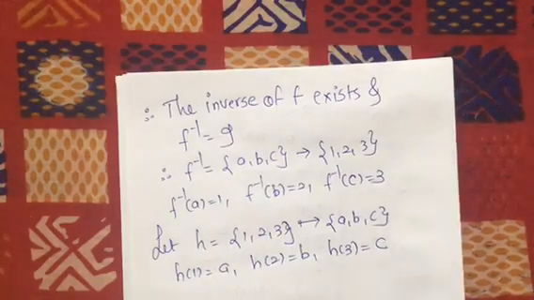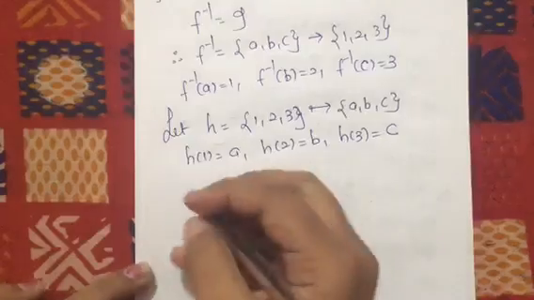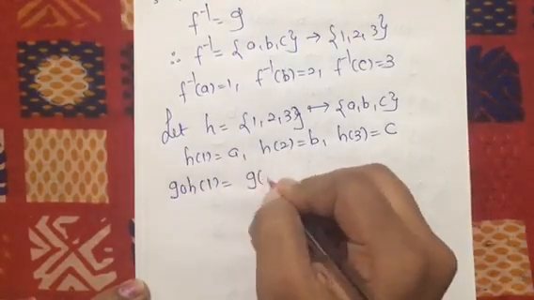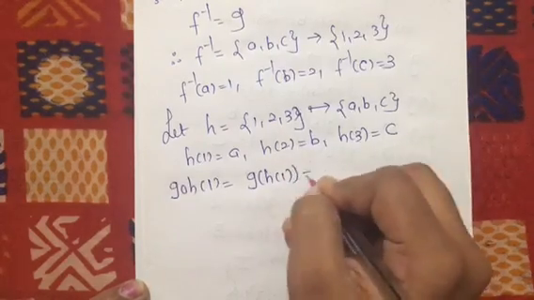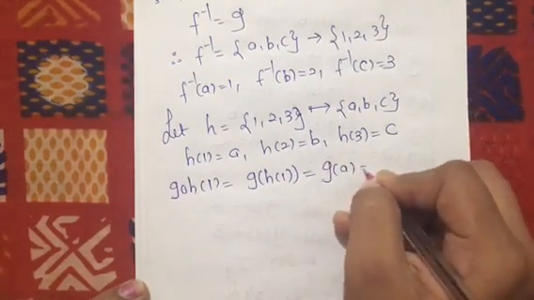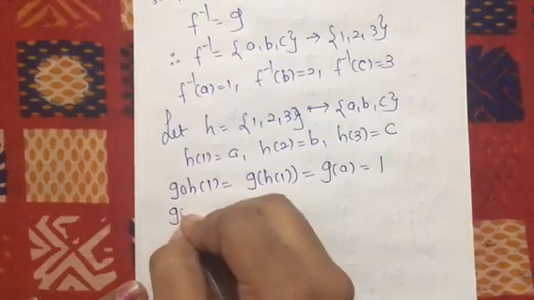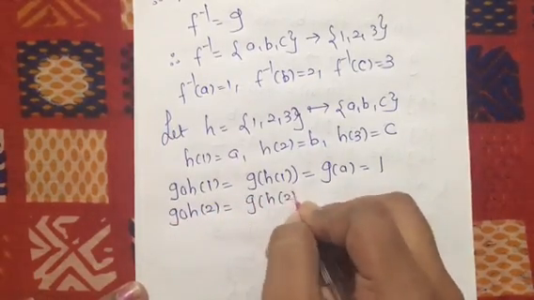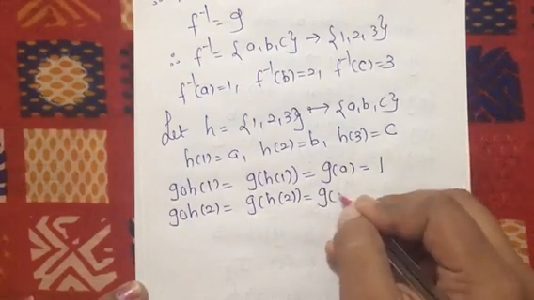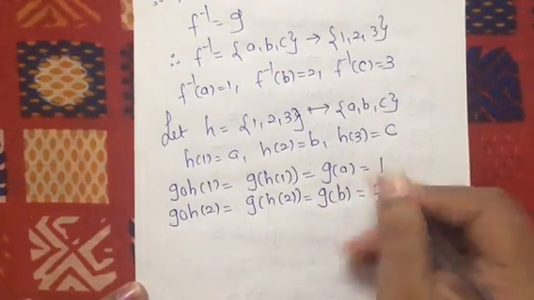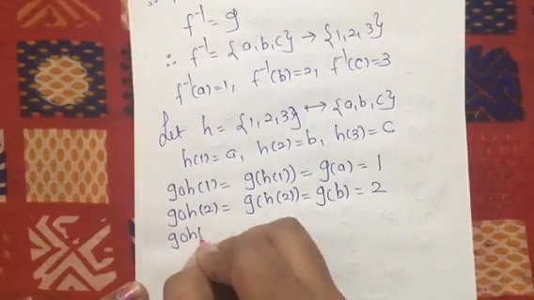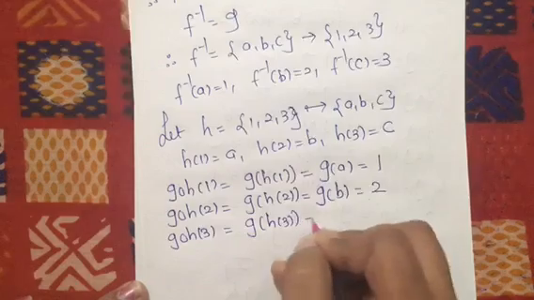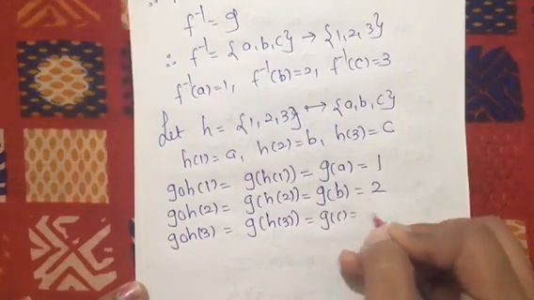Then we have to prove g of h of 1: h of 1 is a, g of a is equal to 1. g of h of 2 is g of b, which is 2. g of h of 3: h of 3 is c, g of c is equal to 3.